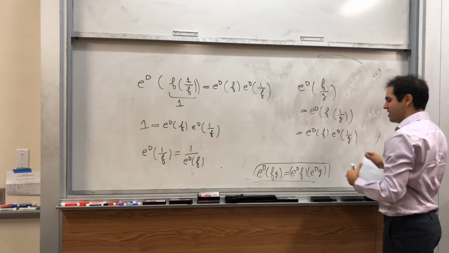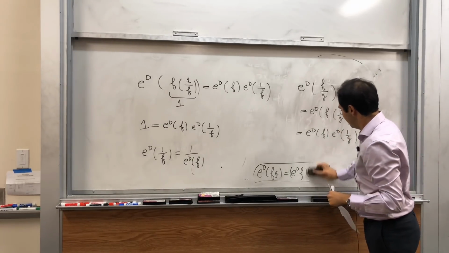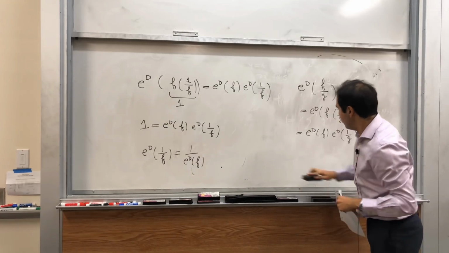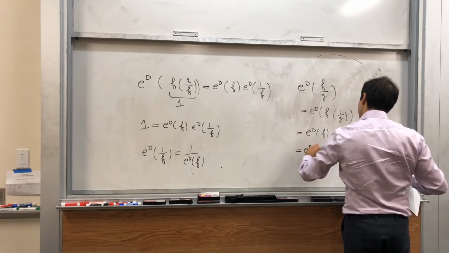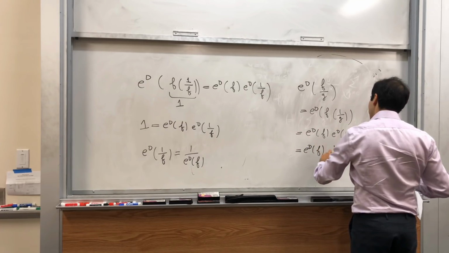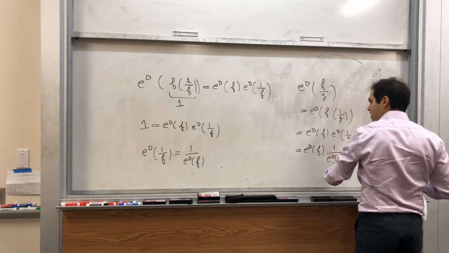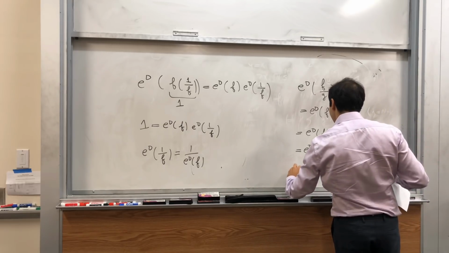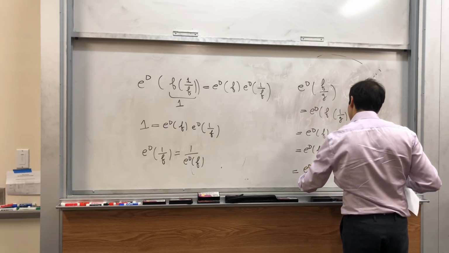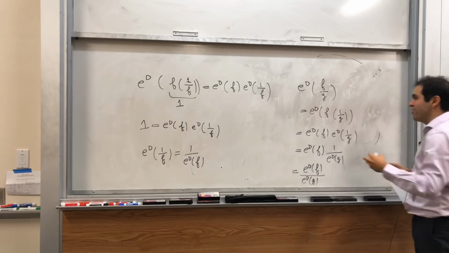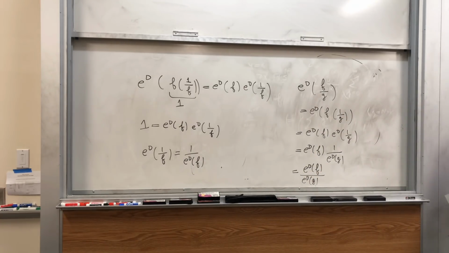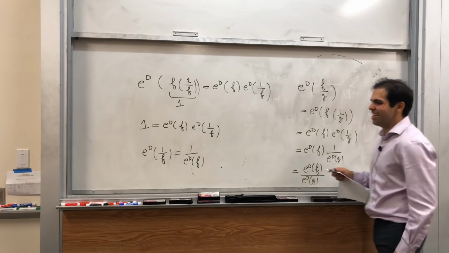And now using the previous fact, this just equals e^d f times 1 over e^d g, and that just becomes e^d f over e^d g. So the exponential derivative of a quotient is just a quotient of exponential derivatives. So that's really, really nice.